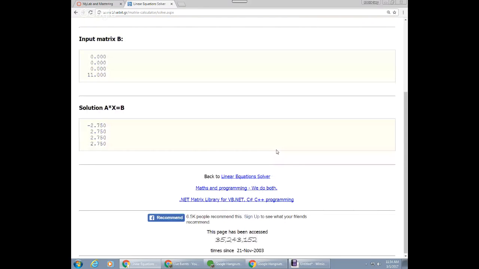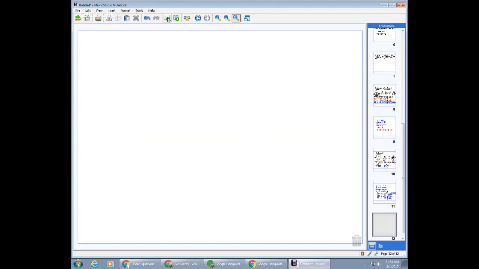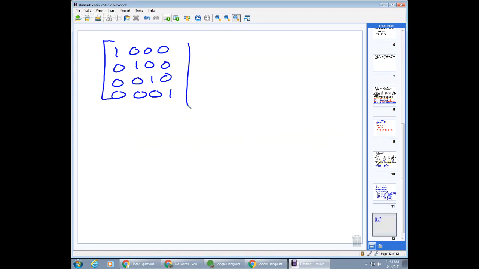So what we do is the new matrix, after we apply all the row calculations, looks like 1, 0, 0, 0, 0, 1, 0, 0, 0, 0, 1, 0, 0, 0, 0, 1, and the augmented side are all my solutions. Negative 11 fourths, 11 fourths, 11 fourths, and 11 fourths.